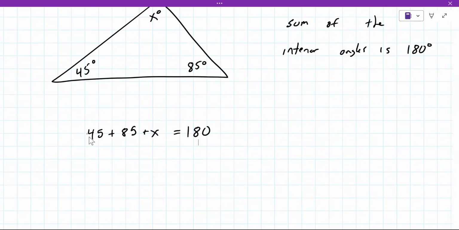I'll just use a calculator. 130. 130 plus X equals 180.